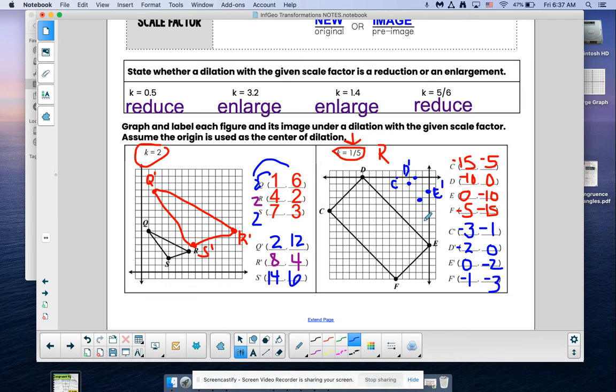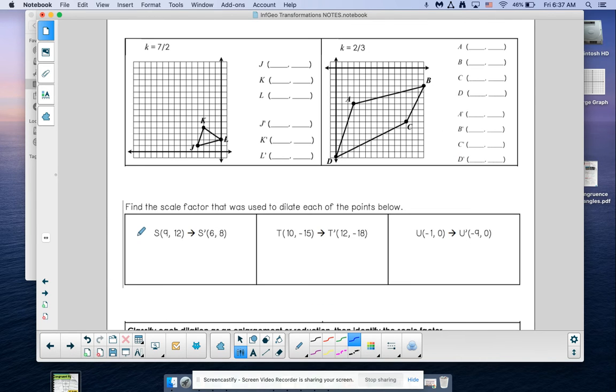Hopefully your figure looks something like this, a very small rectangle. You can connect them, and there you go.